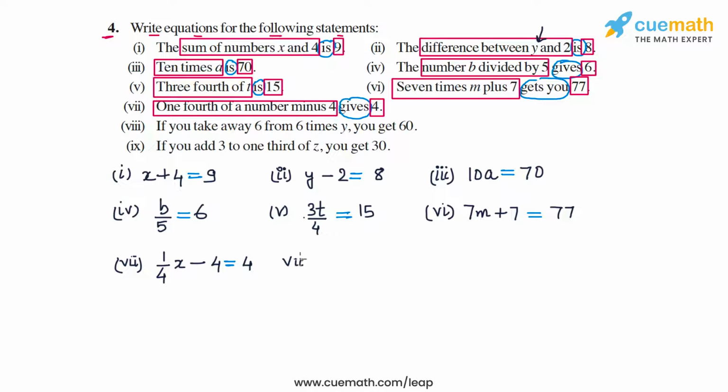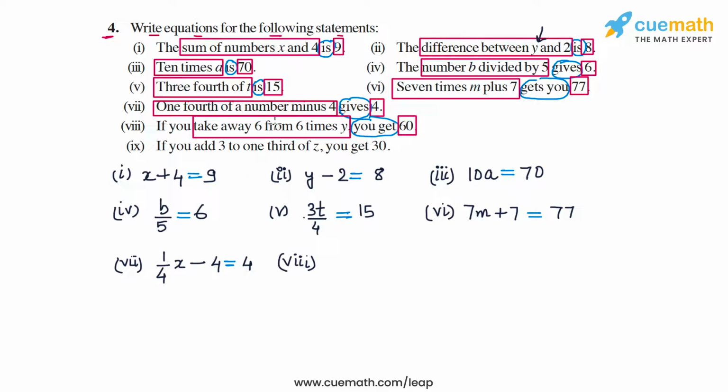Now let's go to part 8. In part 8, the statement says if you take away 6 from 6 times y, you get 60. You get translates to the equal to sign in the equation. So this means that the LHS is take away 6 from 6 times y, and the RHS is 60.